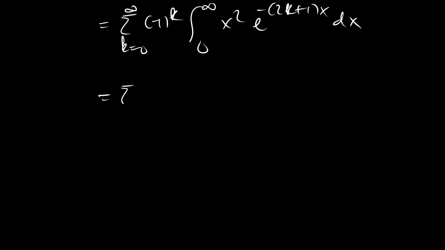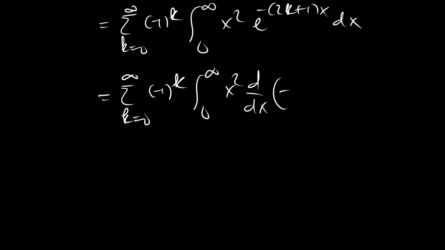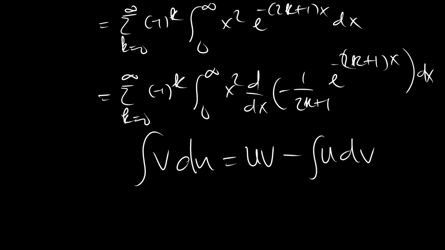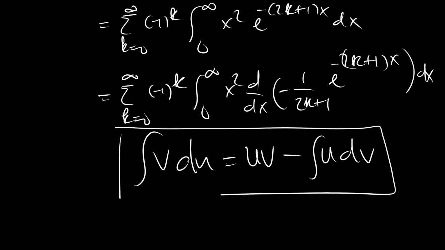This is the same as the integral from 0 to infinity of x squared times the derivative of negative 1 over 2k plus 1 times e to the power negative 2k plus 1 x. So using integration by parts, where if you have a product of a function v and a derivative of a function u, when that is integrated you have uv minus the integral of u times the derivative of v.